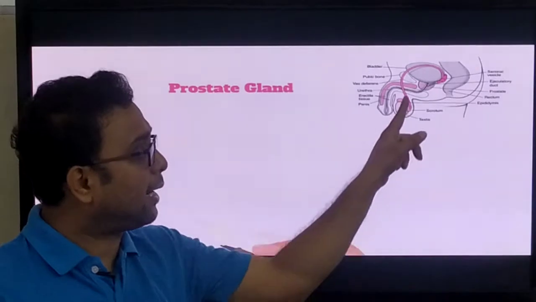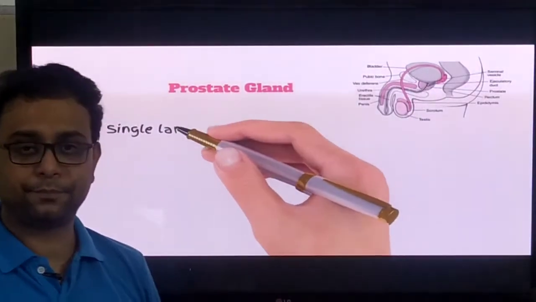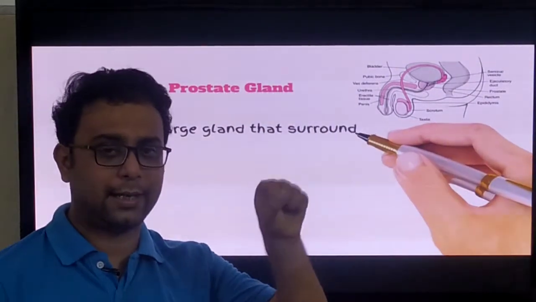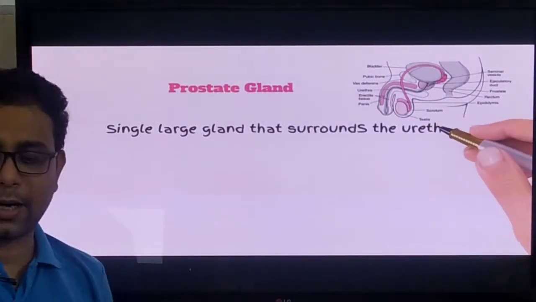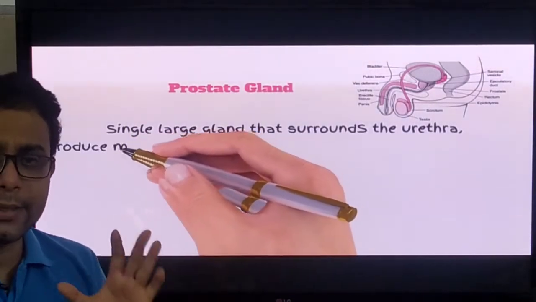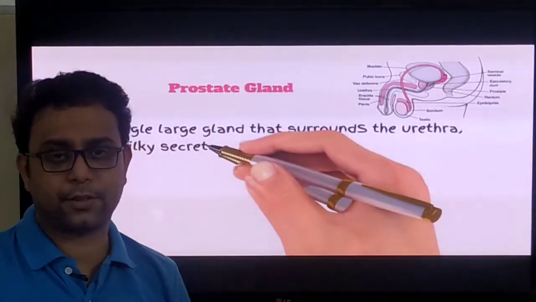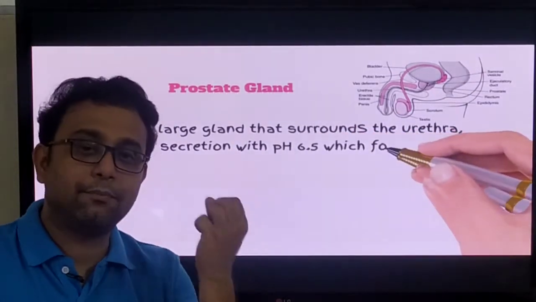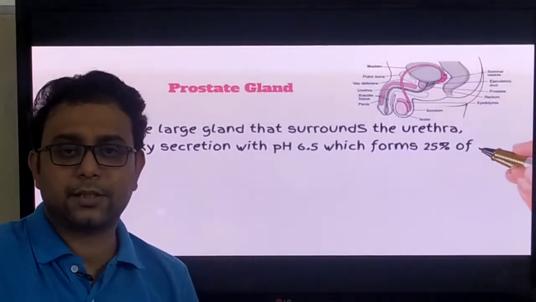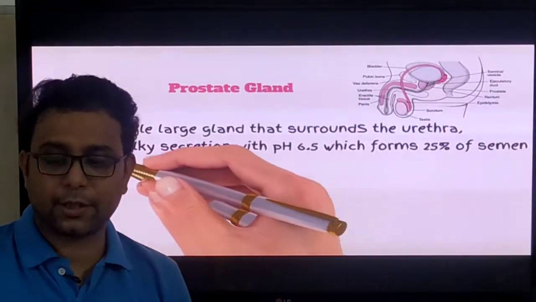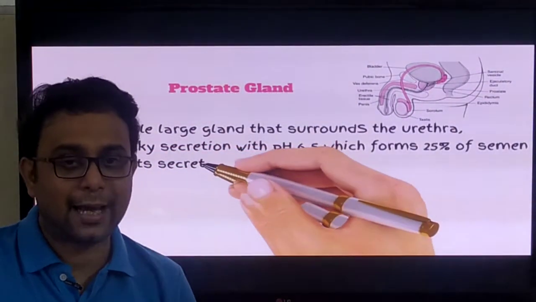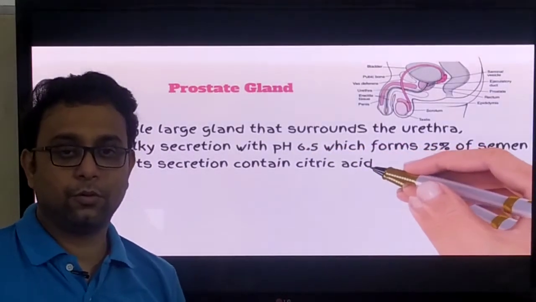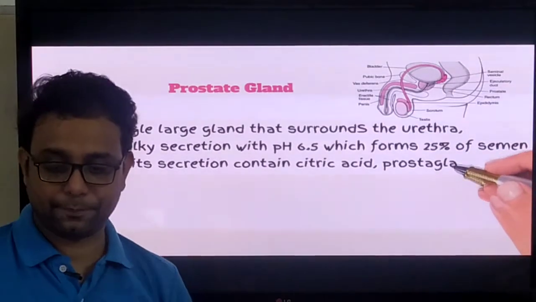Another important gland is the prostate gland. The prostate gland is a single, large gland. This gland also secretes a substance. A milky substance is secreted from the prostate gland, which helps to produce the semen.